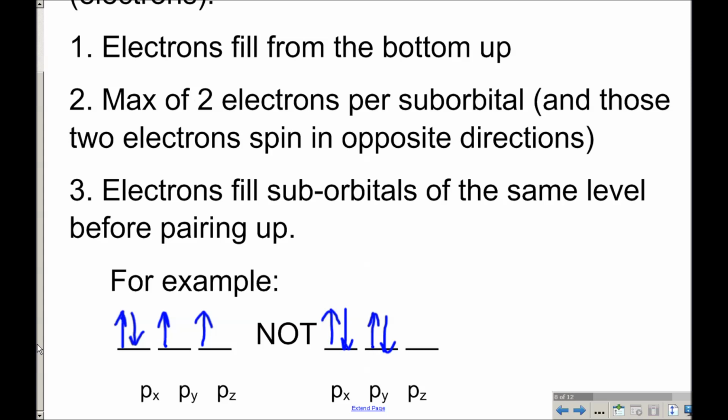So this takes a little bit of thinking, but I've given you an example where I have placed an electron in each of the p orbitals, px, py, and pz, facing up, and then only after I have one arrow or one electron in each of those spaces have I put a downward facing arrow back at the beginning in the px box. That is the correct way to put 4 electrons or arrows into the 3p orbitals.